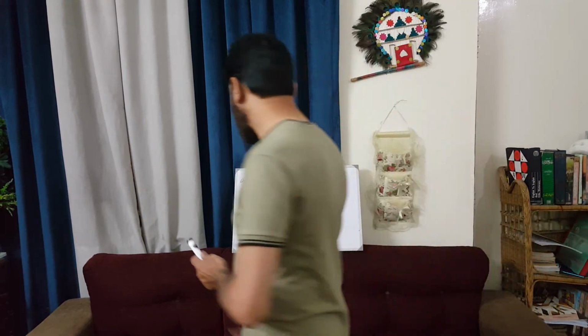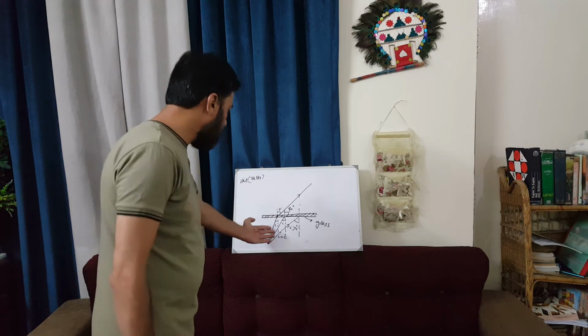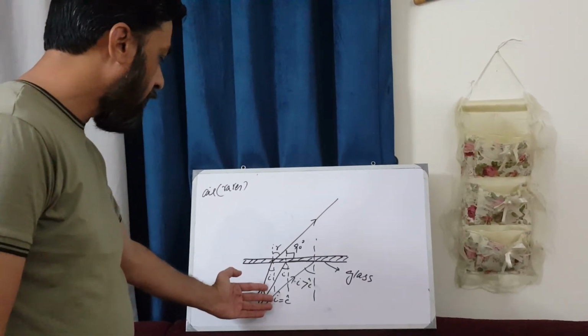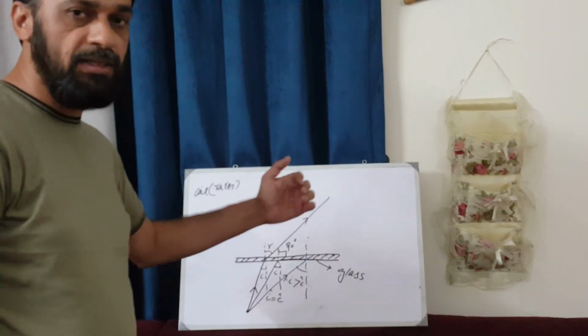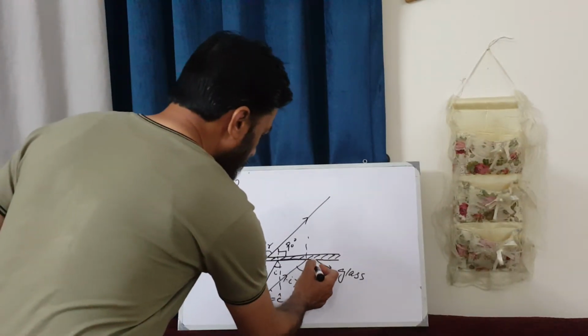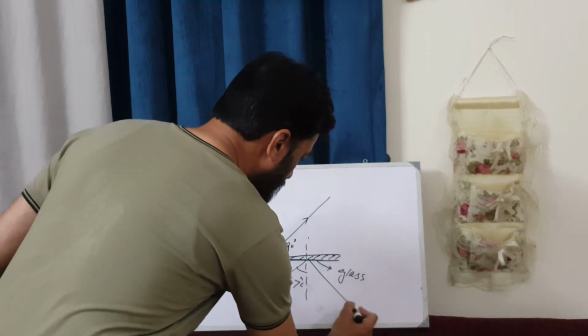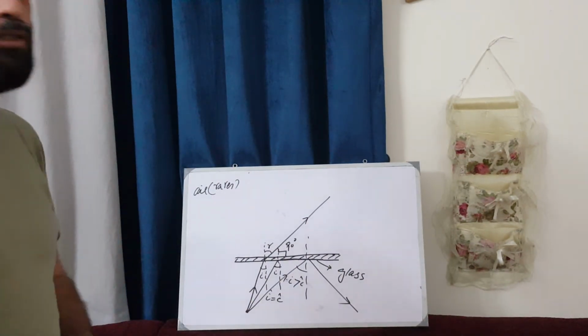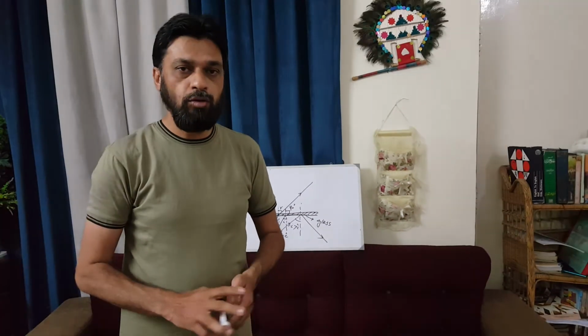But at this stage, when we kept the angle of incidence greater than critical angle, the entire light comes back into the denser medium, obeying the laws of reflection of light.